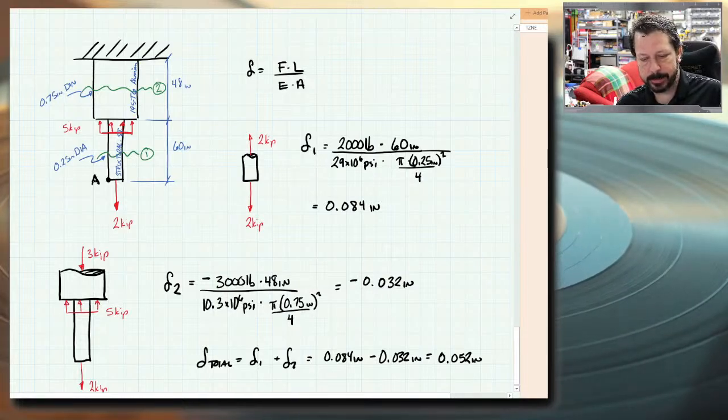Section 1 actually stretched 84 thousandths, but point A only moved down 52 thousandths because section 2, the aluminum piece, got shorter by 32 thousandths.